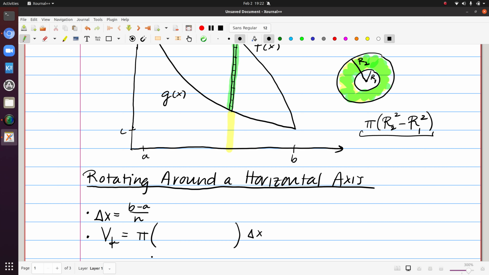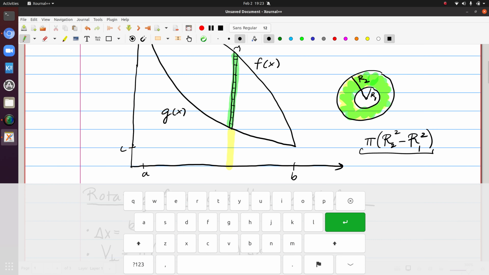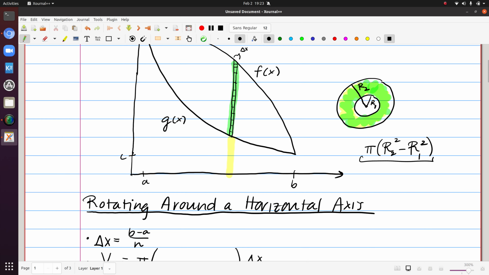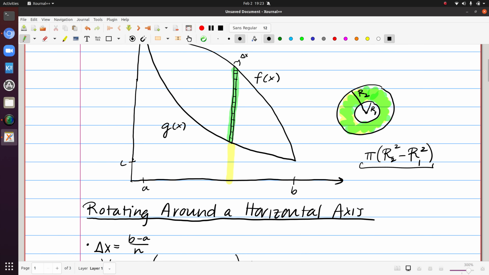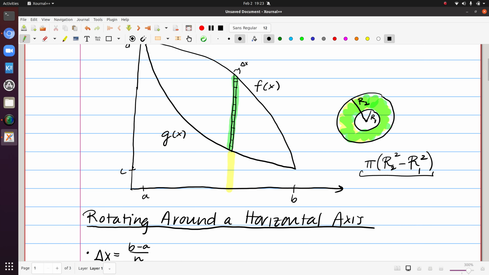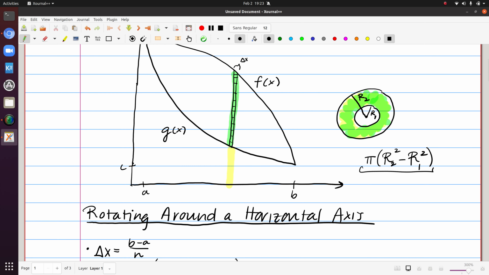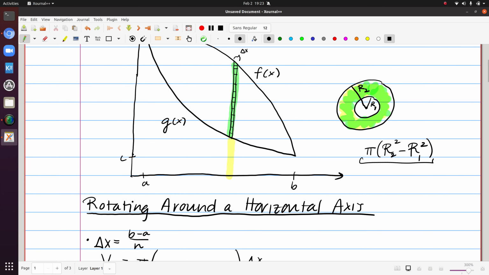So in order to determine what goes in parentheses, I have to know what's playing the role of my outer radius and what's playing the role of my inner radius. All that matters there is thinking about what's on the farthest edge away from my axis of rotation. So in this picture, f of x is further than g of x is from the x-axis. So that's going to play the outer edge, or the outer radius.